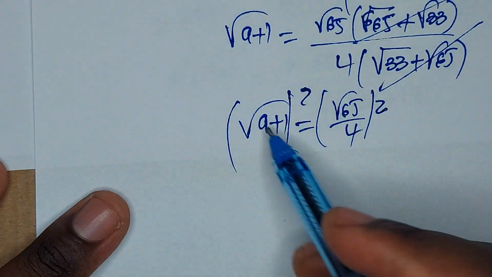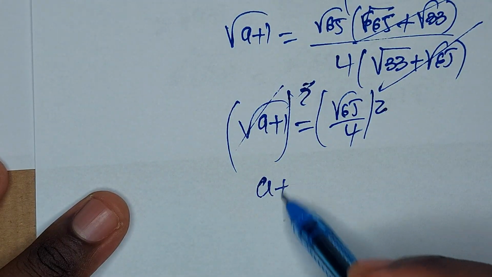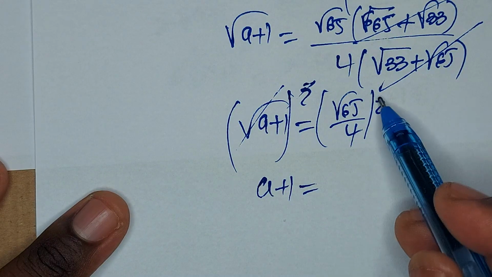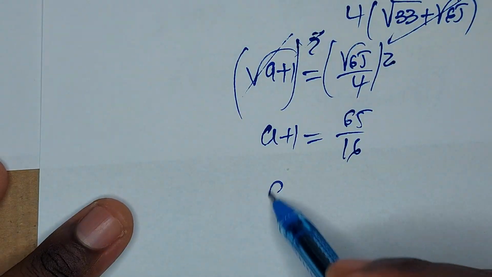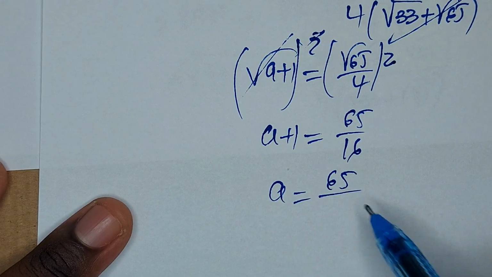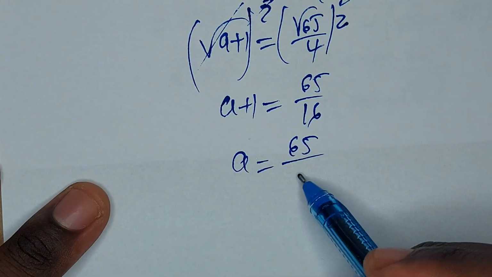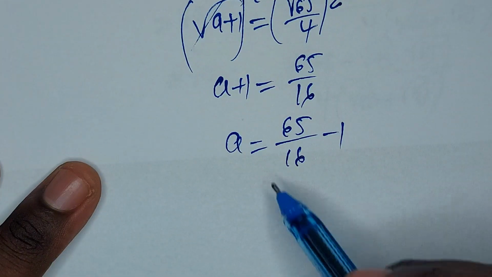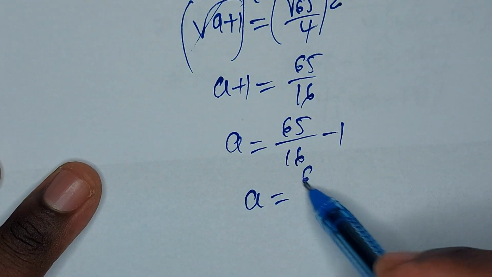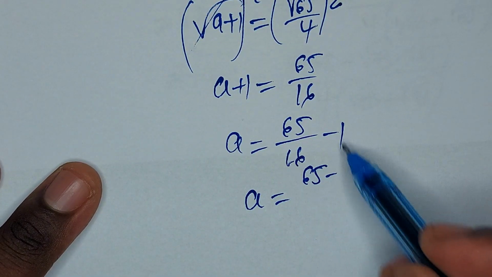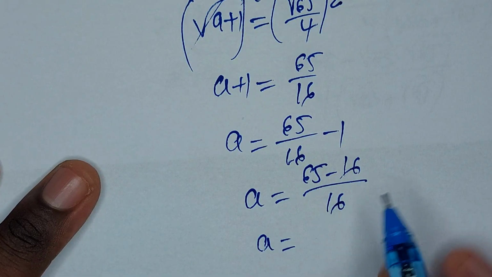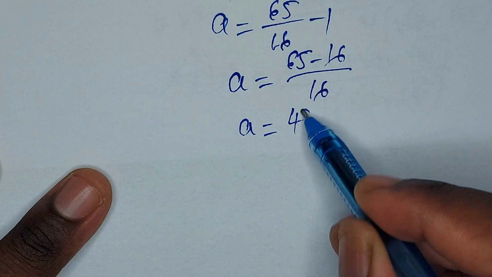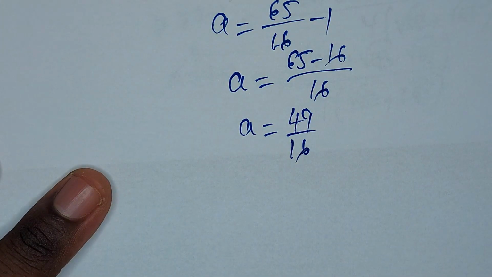Squaring both sides, I'm going to have a plus 1 equals 65 over 16. So a is going to be 65 divided by 16 minus 1. So a is going to be 65 minus 16 over 16, and a is going to be equal to 49 divided by 16.